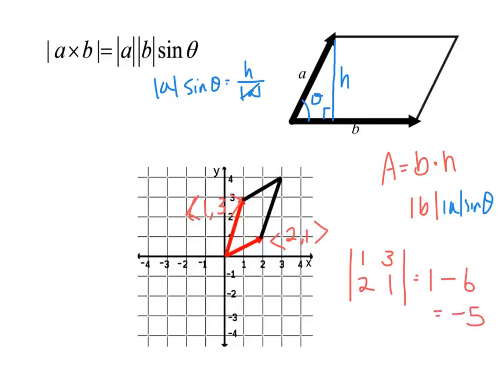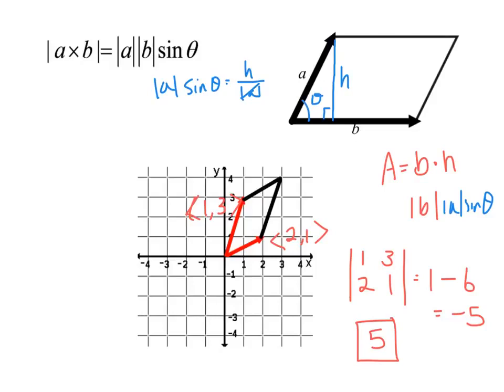Remember, magnitude doesn't necessarily mean Pythagorean theorem. All it definitely means is length. So once you have this calculation, remember this was my area of a parallelogram, and it's equal to the magnitude of the cross product. My cross product was negative 5. The magnitude of that, simply the length of negative 5, is just positive 5.